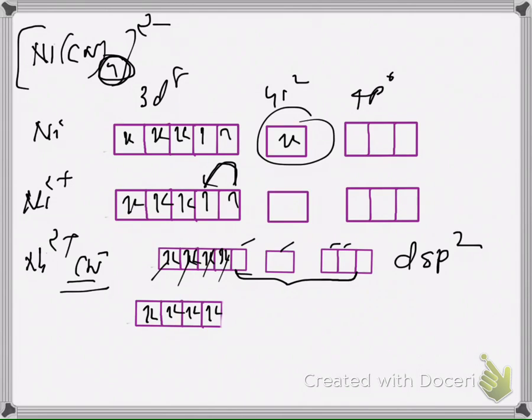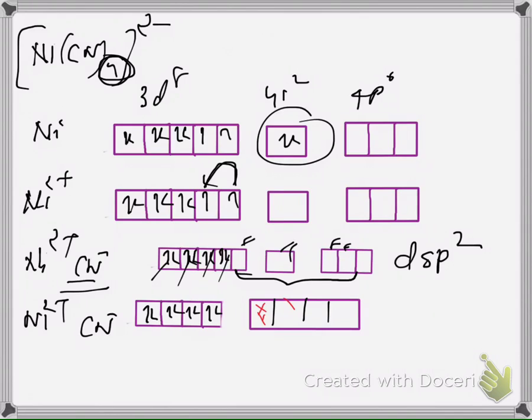So hybridization gives 4 orbitals, 1, 2, 3, 4. They can accept a lone pair from CN-. The lone pair you have to draw with a cross mark. So hybridization is dsp2, so the shape is square planar.